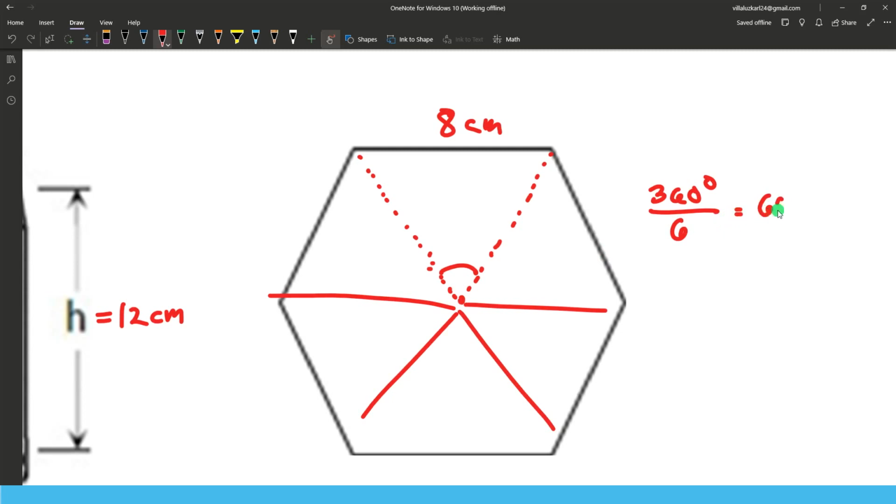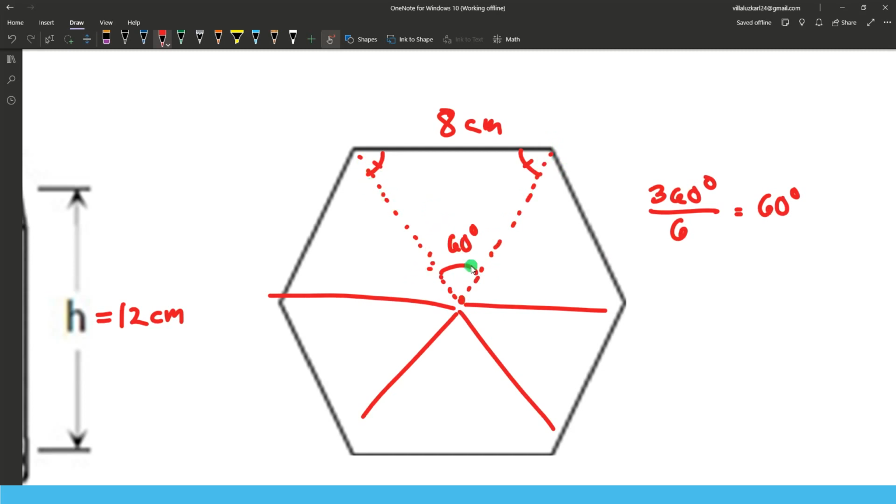So we have an angle of 60 degrees. If this is 60 degrees, it is expected that the other two angles are the same since this is an isosceles triangle.